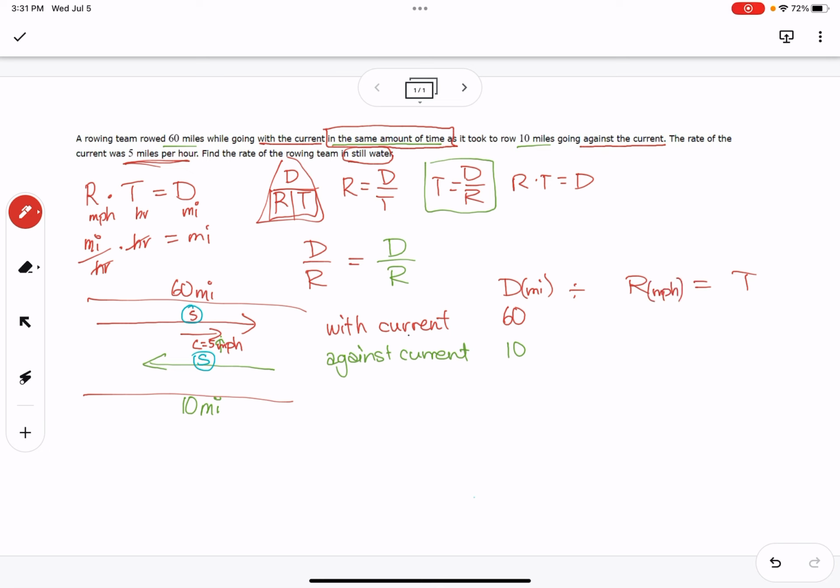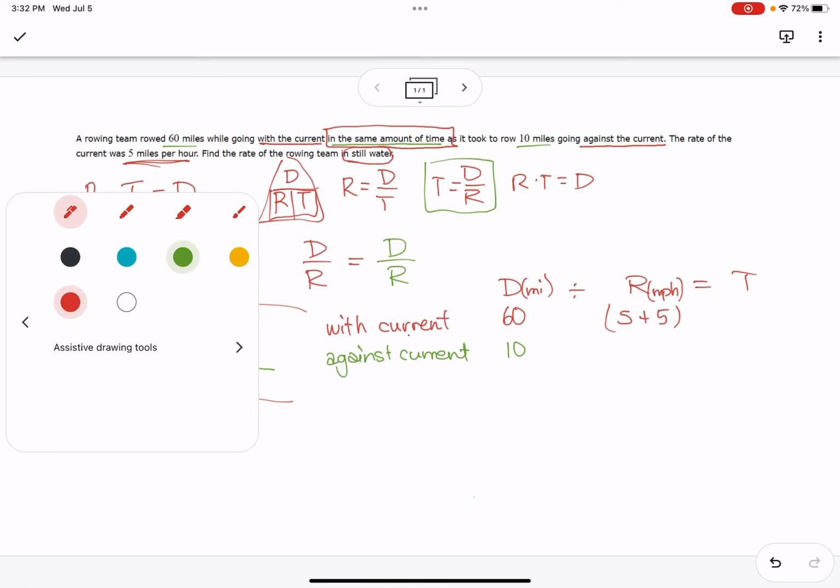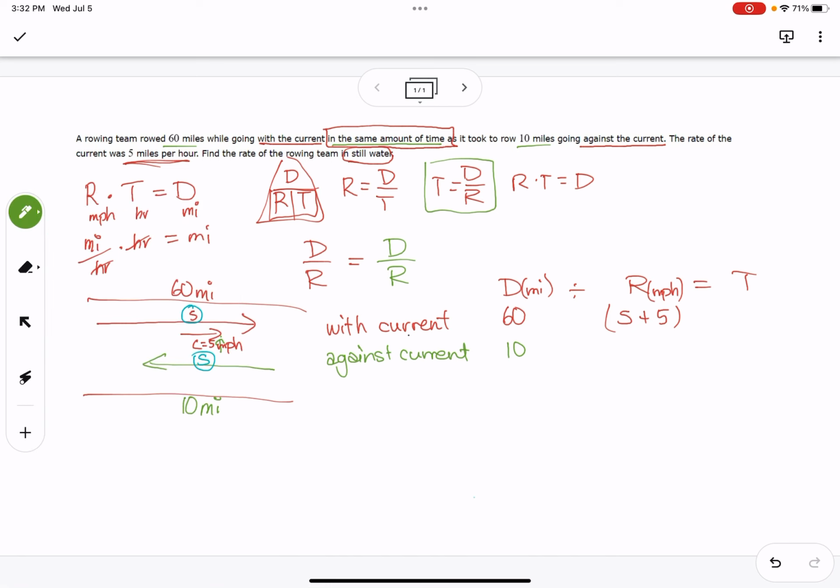So for with the current, we have to think of the fact that we had the still speed and the current was helping, in this case, by 5 miles per hour for the rate. So it's whatever their power is plus 5. And then when they're going against the current, this 5 is against them. So it's still speed minus the current speed.